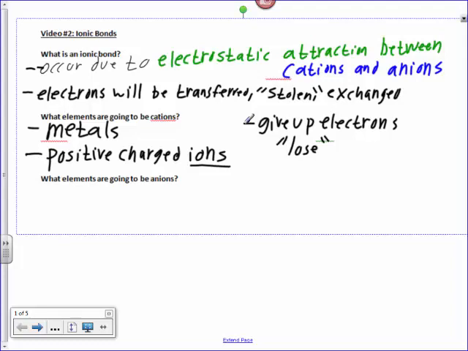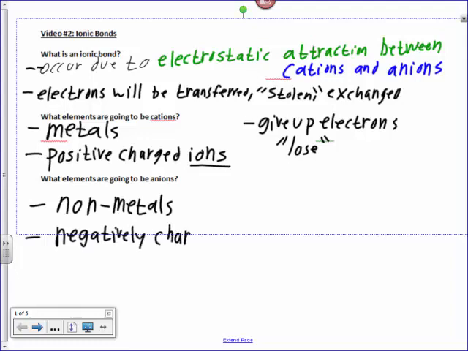So anions are going to be opposite of the cations. So anions, since metals are cations, nonmetals are anions. If cations are positively charged, anions are negatively charged. If cations give up or lose their electrons, anions will gain or pick up electrons.